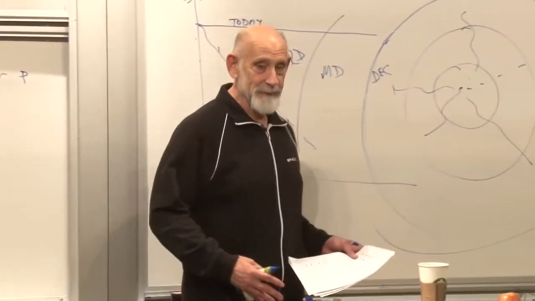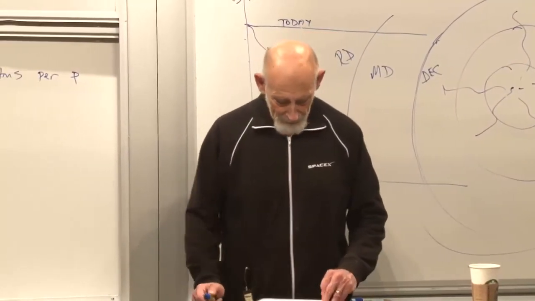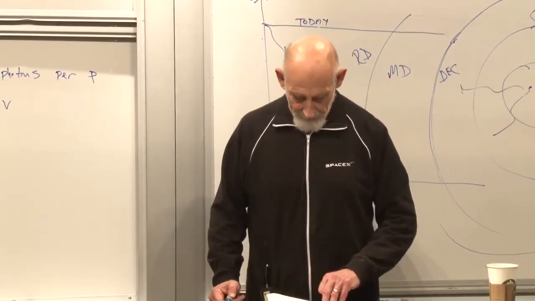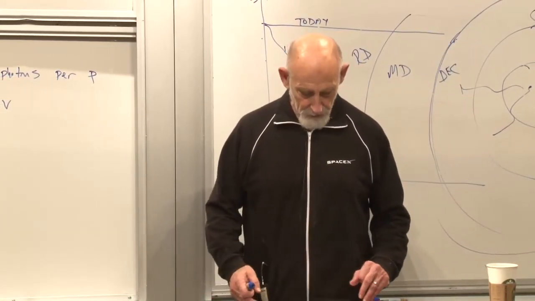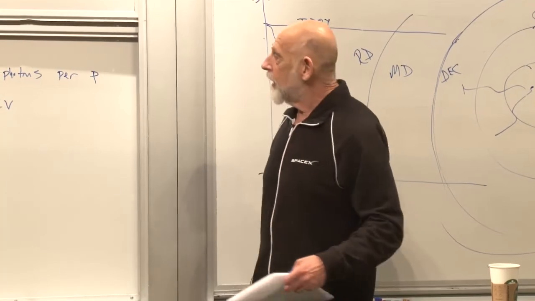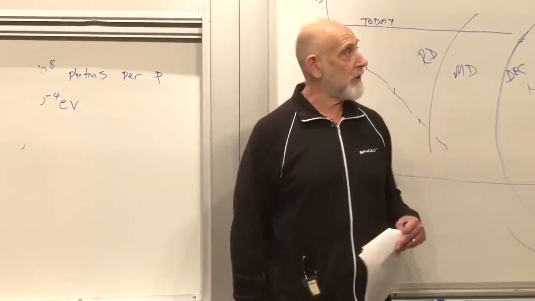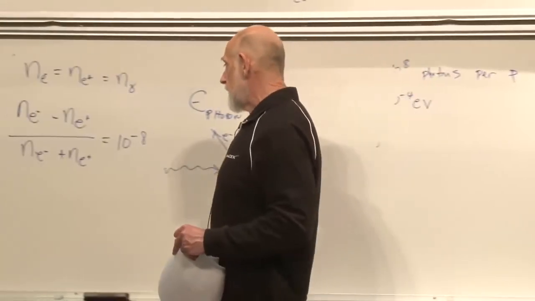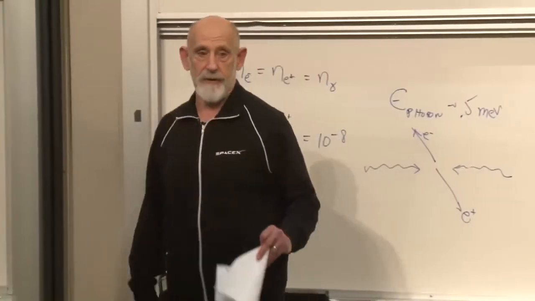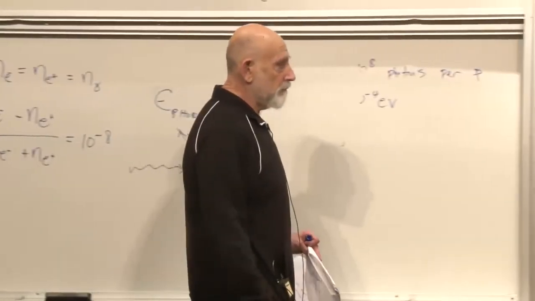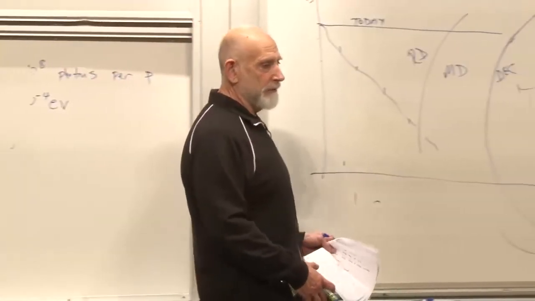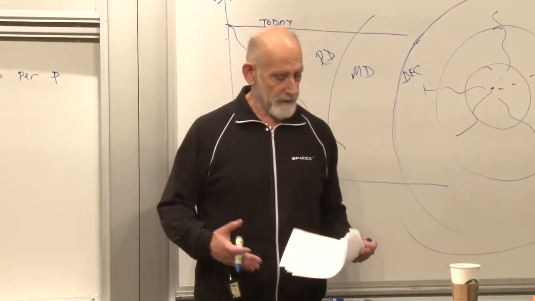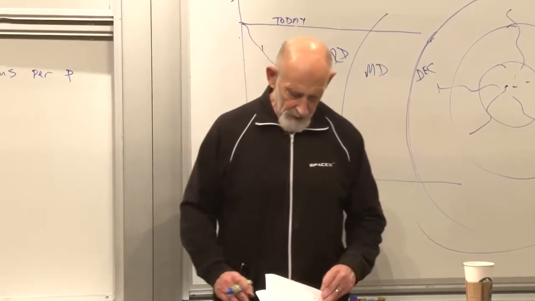What is the theory which tells us why there's an electron-positron imbalance? Before we address that, we'll address that next time. That's the theory of the excess of particles over antiparticles.